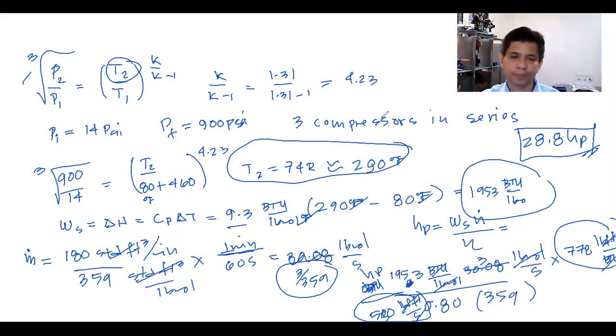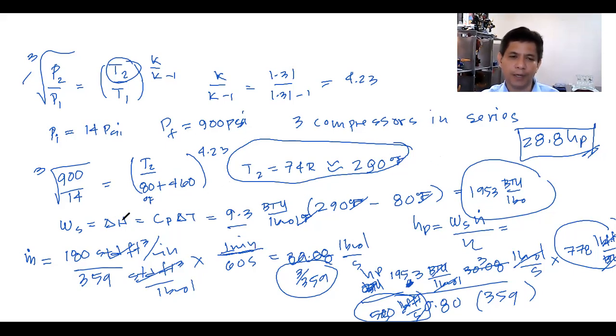Actually dapat ang gagawin, babalikan niyo pa ulit, no? So babalikan niyo yung equation, ipapasok niyo dito yung actual delta H after the calculation of the horsepower, to find the actual final temperature.